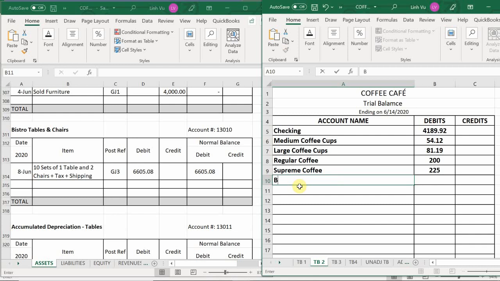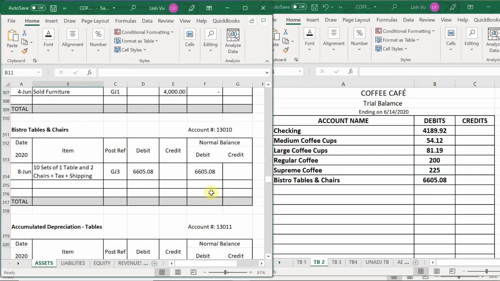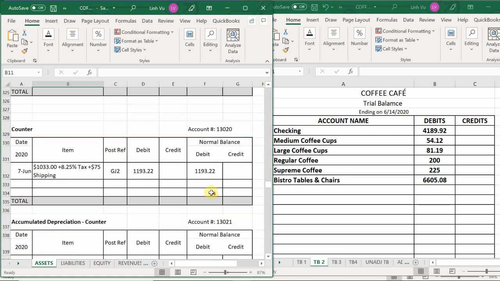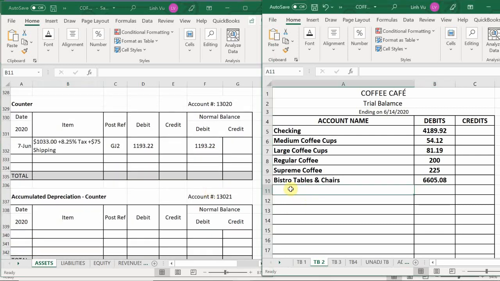Yes, that's the amount, 6,605.08. What's after that? So that counter, for how much? 1,193.22.